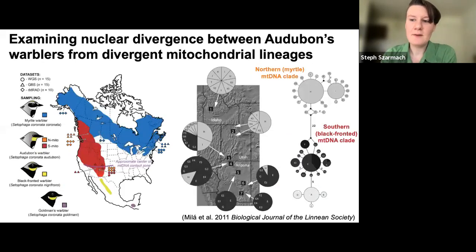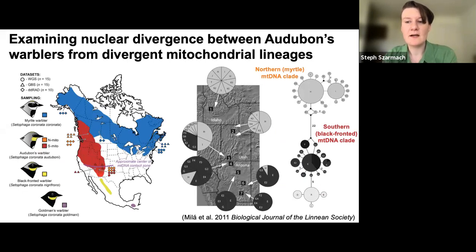In the remaining time, I'll discuss a specific case where whole genome sequencing was able to reveal a divergent region that wasn't detected using reduced representation sequencing. When I described our sampling scheme earlier in the talk, I mentioned that we sampled Audubon's warblers from 2 mitochondrial clades.